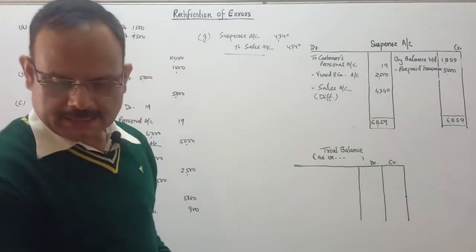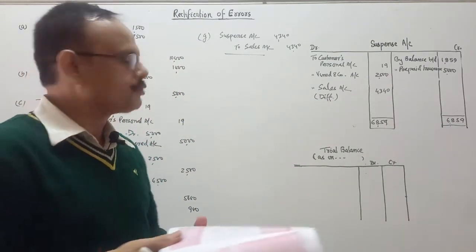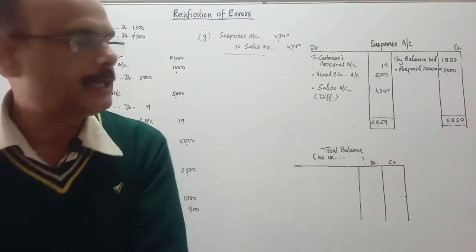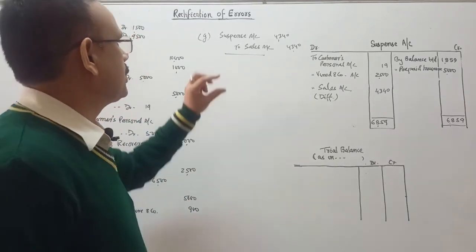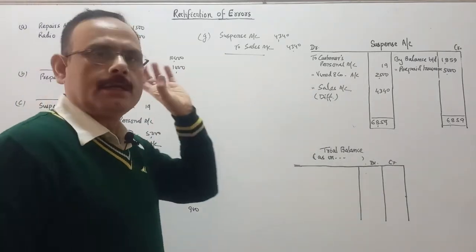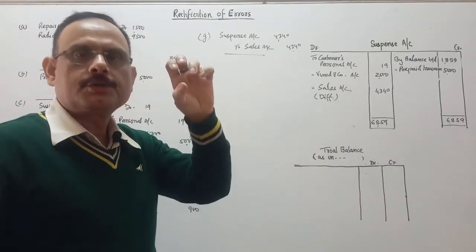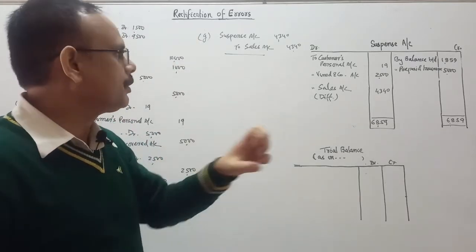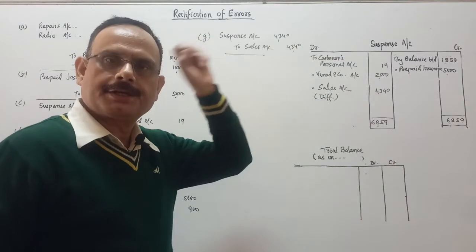The last one is: the rest of the difference was due to wrong total in sales account. It means in the sales account we have written a smaller amount, by this amount, 4,340.